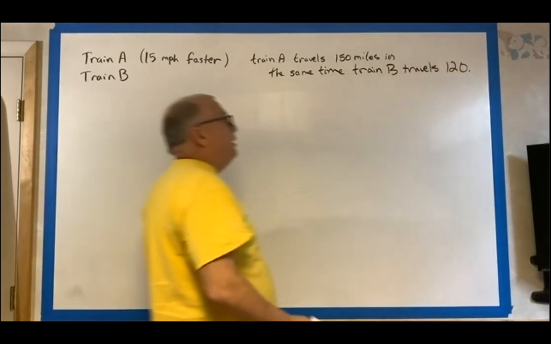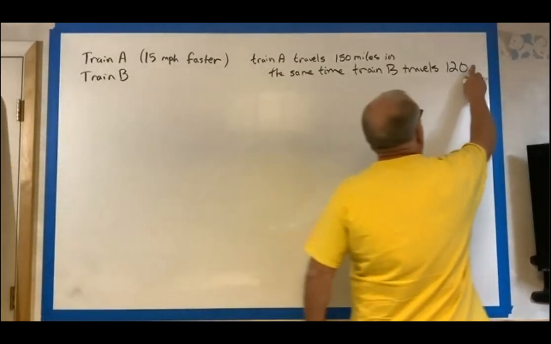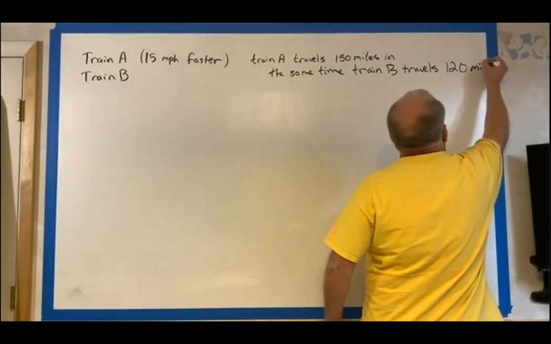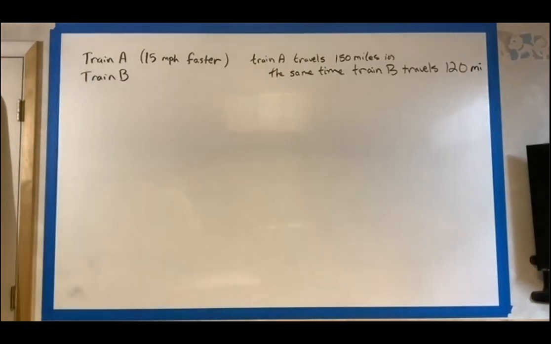Of course, I also have to be careful not to write too small or too sloppy, right? So what else do we have to do here? He just pops out the question, what's the speed of the two trains? What's the speed of the two trains?